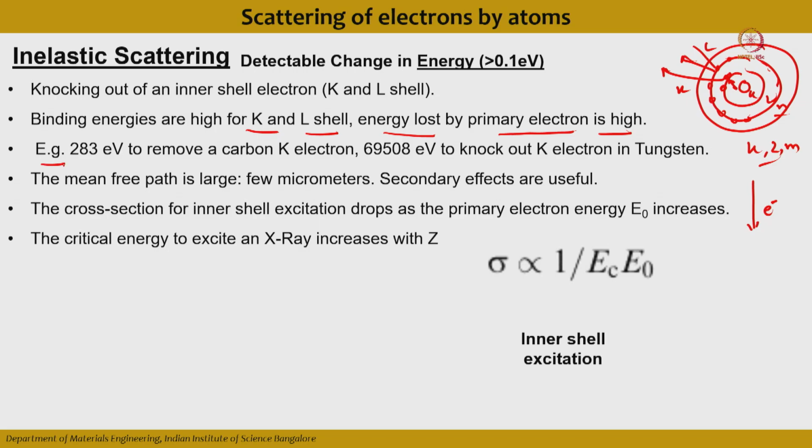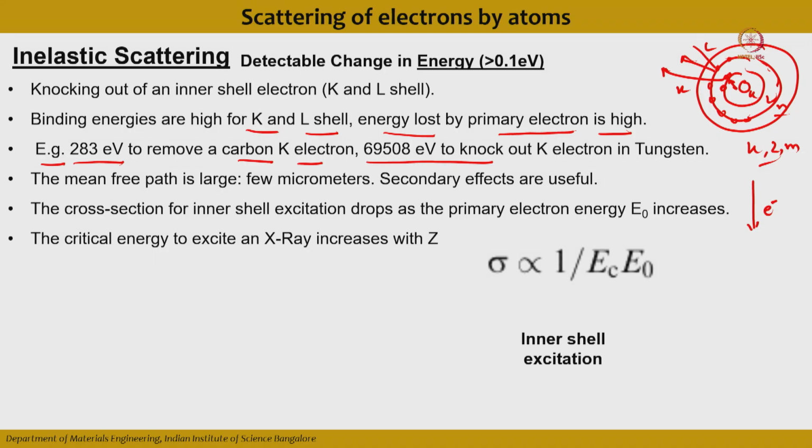For example, for a carbon K electron, you need 283 electron volt to remove it. But if it is a tungsten K electron, then you need a very high energy loss, around 69508 electron volts to knock out the K electrons.